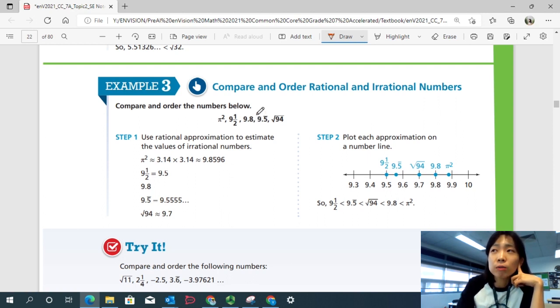We're going to use rational approximation to estimate the values of irrational numbers. So pi is about 3.14, so you square that to get about 9.8596. And that's already rounded up. Your pi is not just 3.14, it's not a terminating decimal, but it's approximately 3.14.